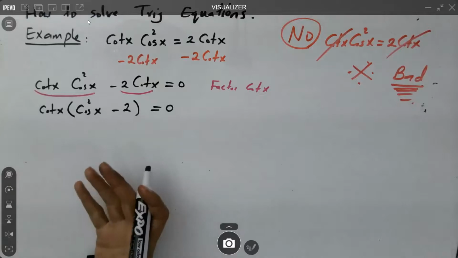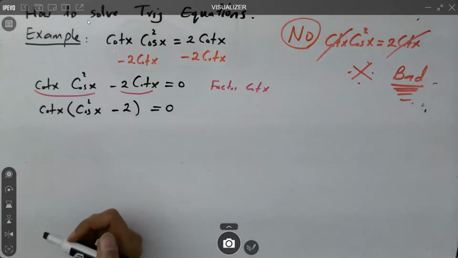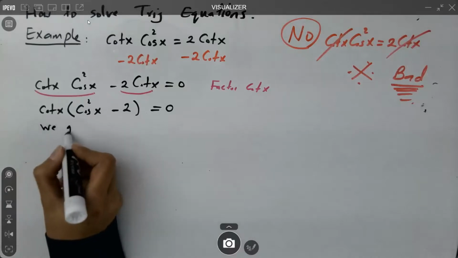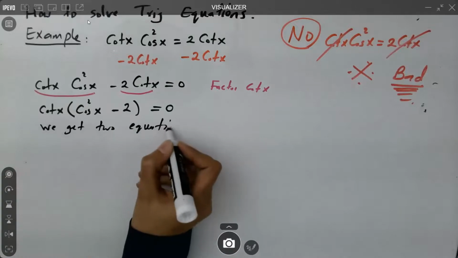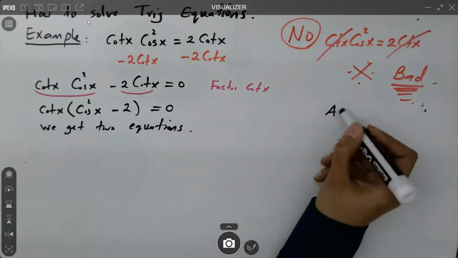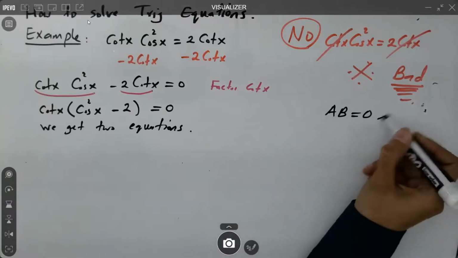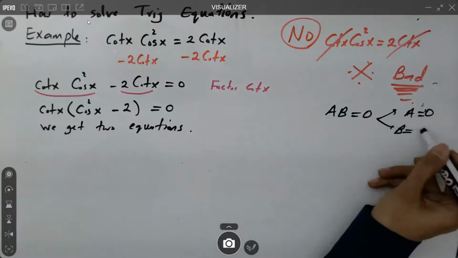So what's the meaning of that? It means that we end up with 2 equations. How? First of all, if a times b is equal to 0, it means that either a is 0 or b is 0.